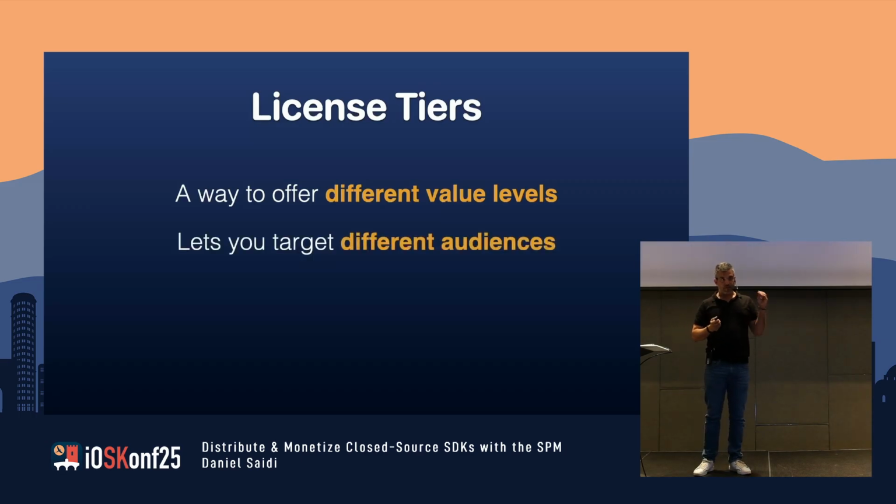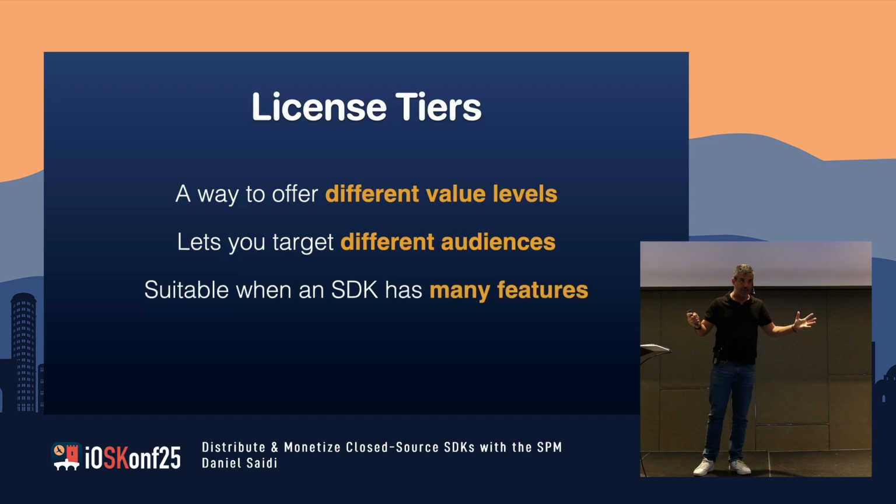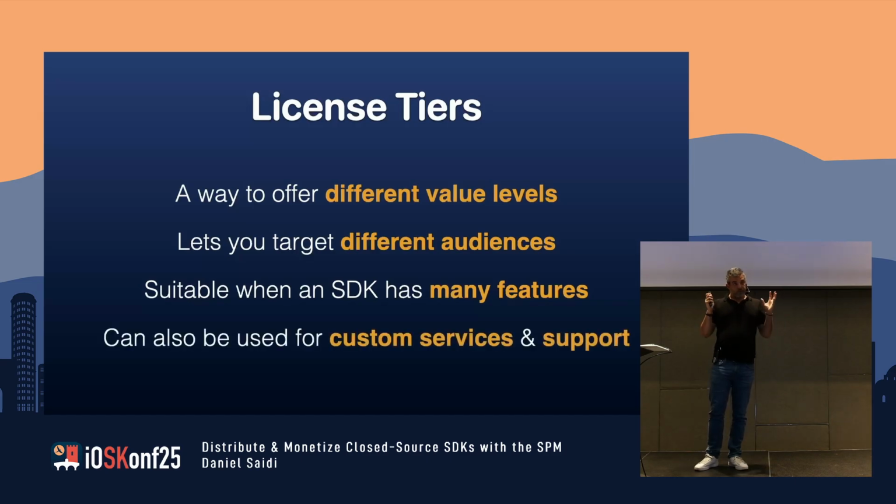So it lets you target different audiences, which is really important if your SDK offers a lot of features, and perhaps some users cannot pay for everything, so they perhaps just want a subset of the features. You can also use tiers to offer extended support, extended SLAs, etc. So it doesn't have to be connected to code or features.